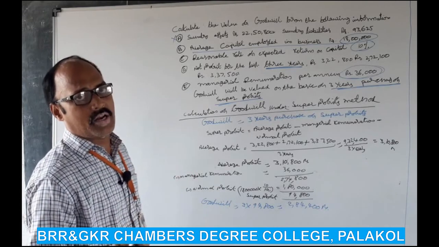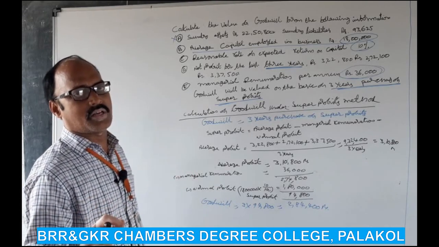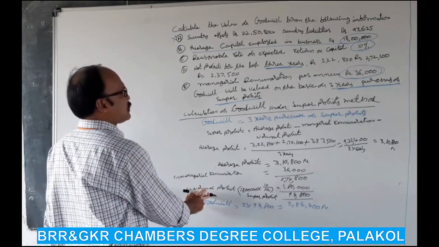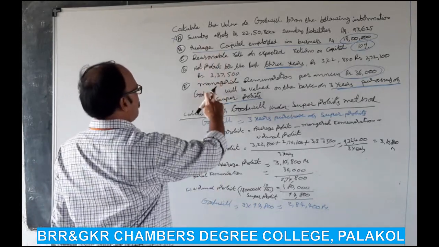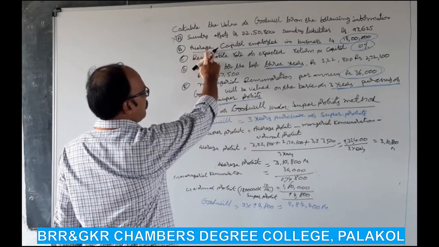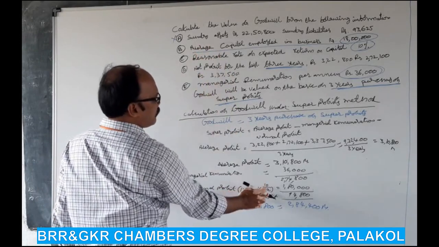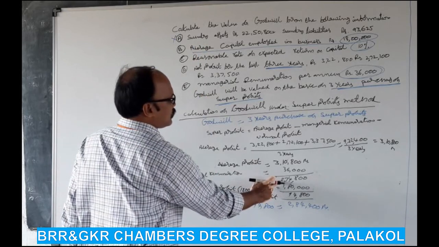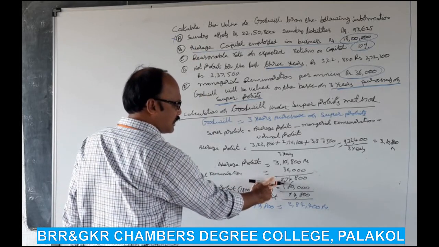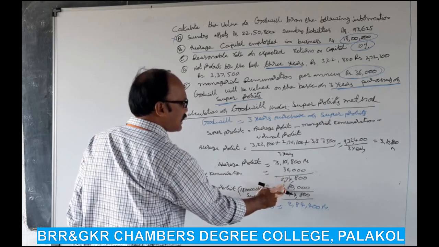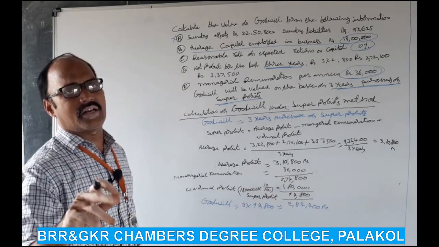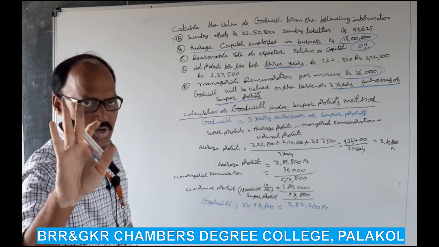Normal profit is equal to capital employed into normal rate of return. Both pieces of information are available directly in the problem. So capital employed 18 lakhs into 10 by 100 is 1,80,000. So 2,74,800 minus 1,80,000 is equal to 94,800, to be treated as super profit.